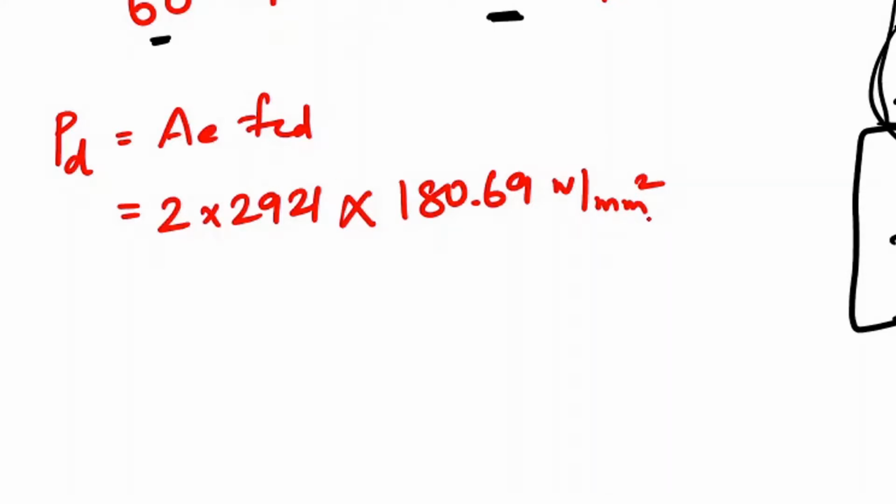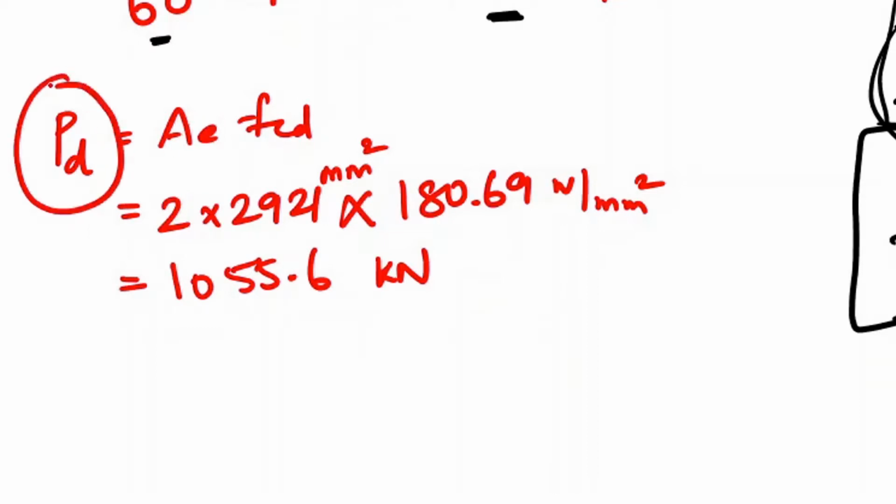Whenever I substitute values, I make sure the values are in the same units. The area is in mm square and the stress is in Newton per mm square, so the value from this equation is directly in Newton. To get kilonewton, I divide by 1000. The value I got is 1055.6 kilonewton.